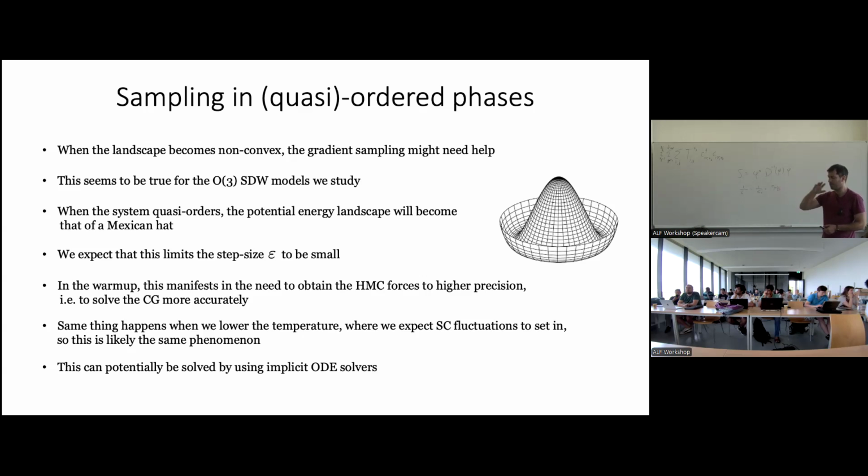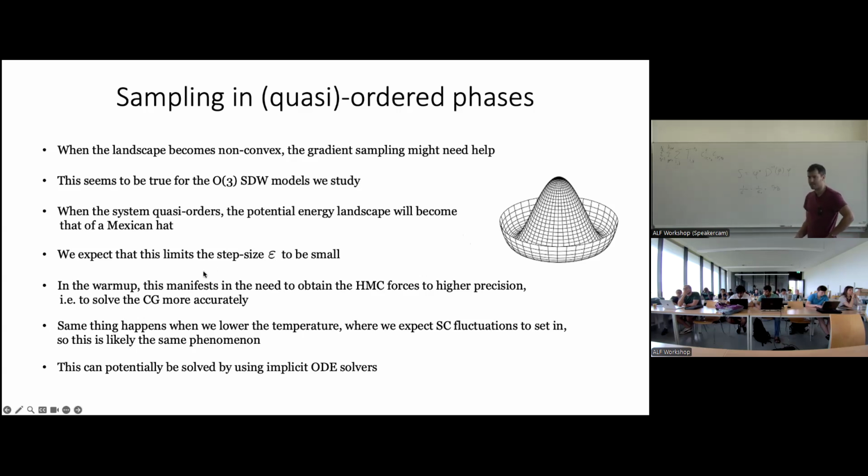What that means is that the potential energy landscape gets inverted and has a Mexican hat potential that looks something like this. And we expect that this intuitively should limit the step size in your leapfrog integrator to be smaller, just because you are bounded by this large curvature in the trough in the perpendicular direction. You have to traverse that carefully.